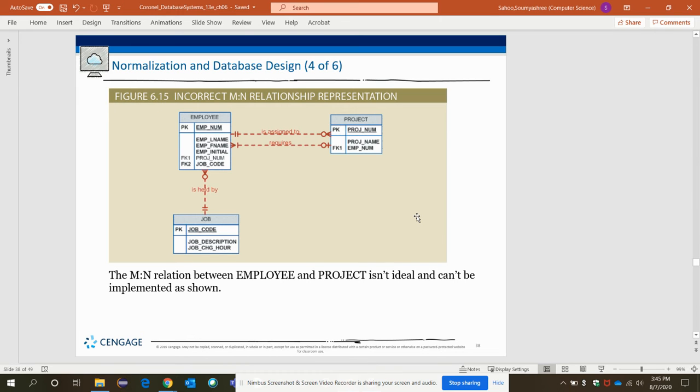Next, another part of database design using normalization. There is a many to many relationship between employee and project. If many attributes of employee combined identify many attributes of project, it gets complex to define the relationship in a proper way, and it's not ideal. So what to do?